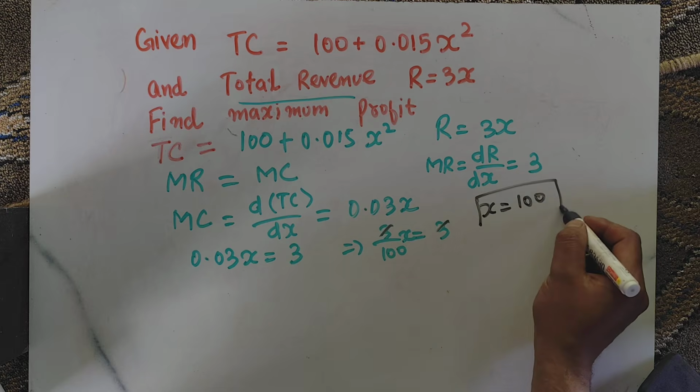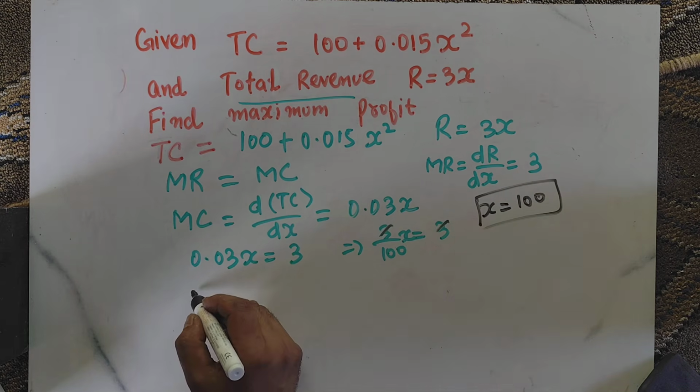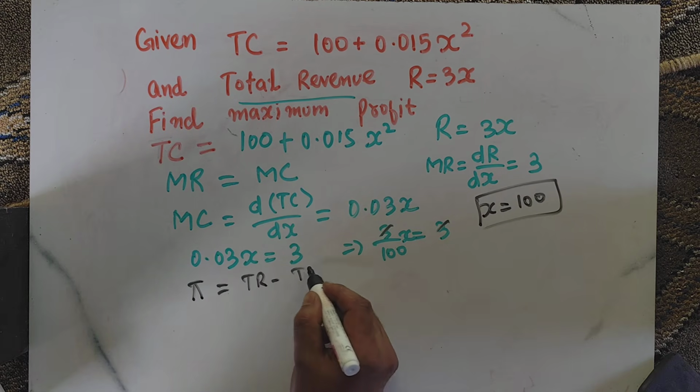The profit maximizing output is 100, but we are supposed to find out the maximum profit. We know that total profit is equal to total revenue minus total cost.